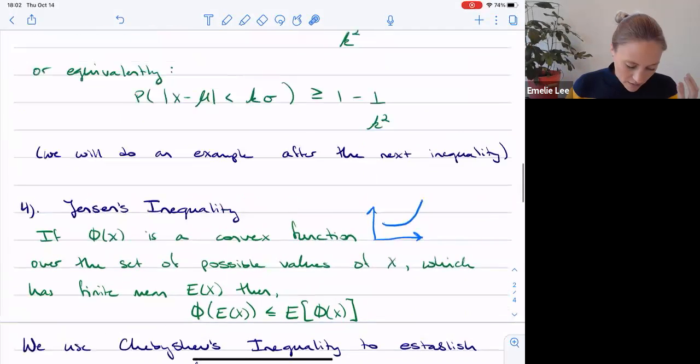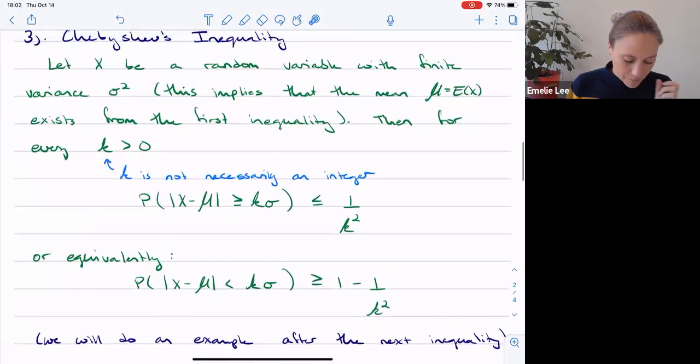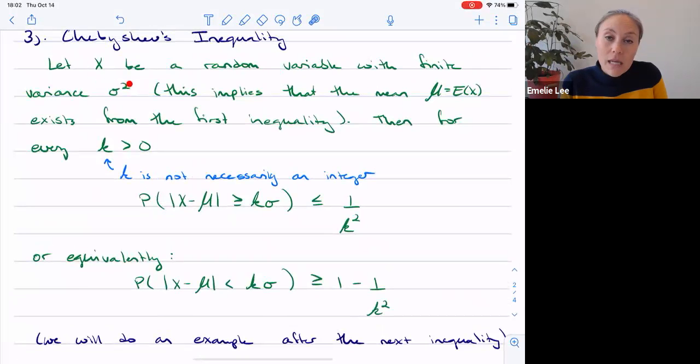So let's scroll back there and see here what it looks like. So we have some random variable x with some mean and some variance, so it has to exist.